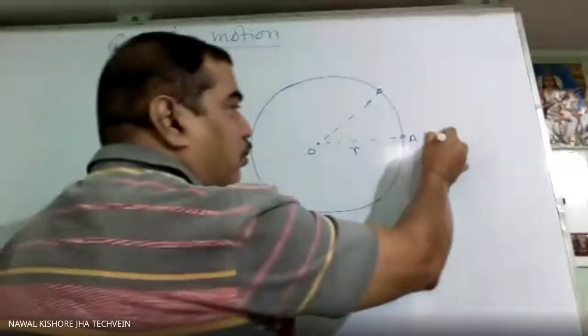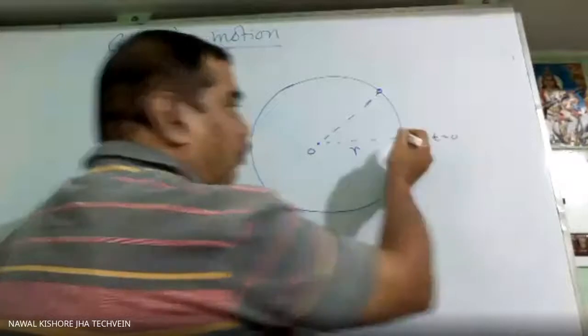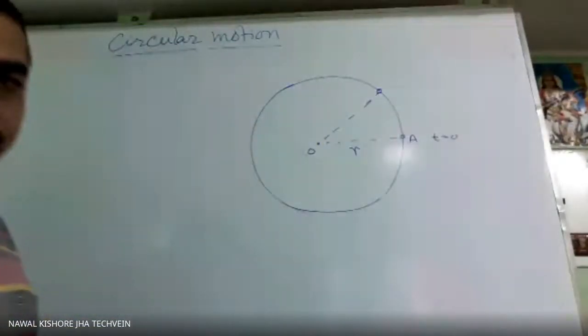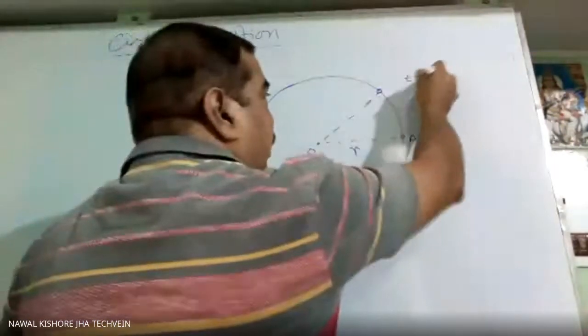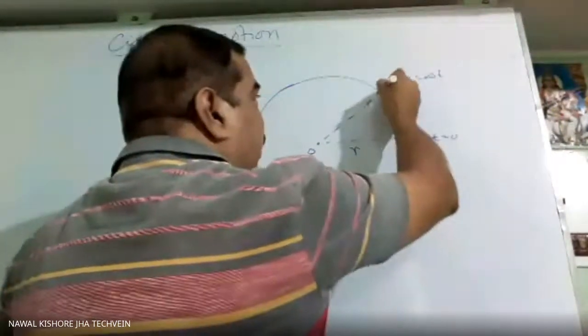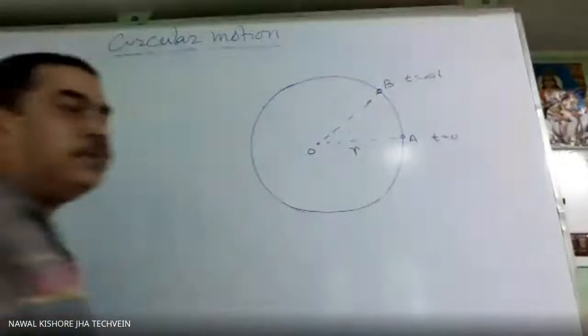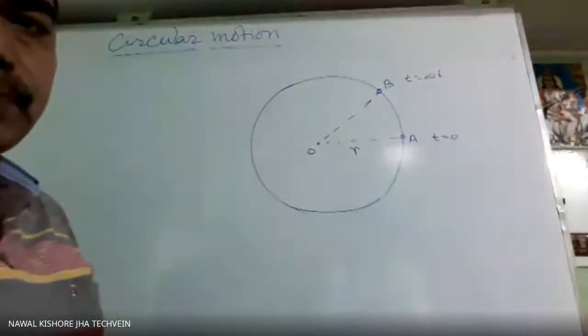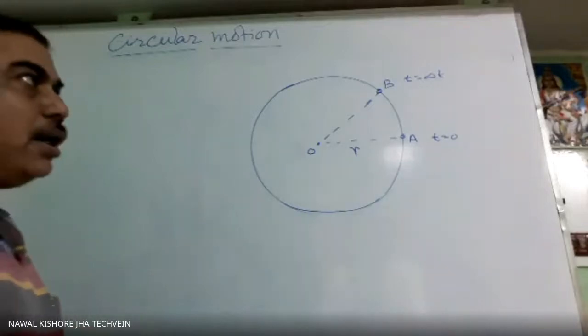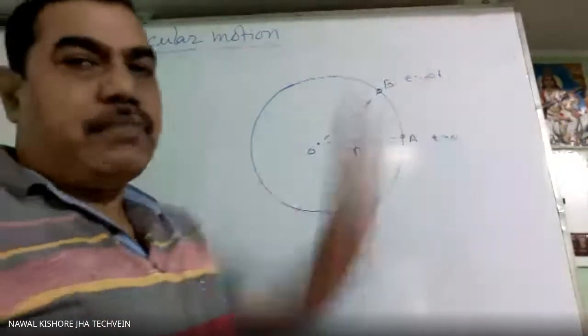Suppose at t equal to 0, when we start observing the particle, after t equal to delta t the particle has reached point B. So OB will be the radius vector or position vector at time delta t.